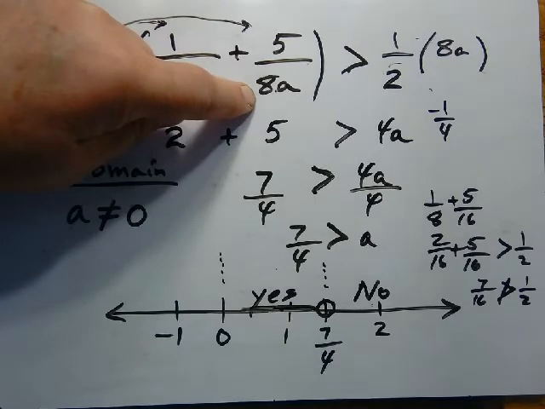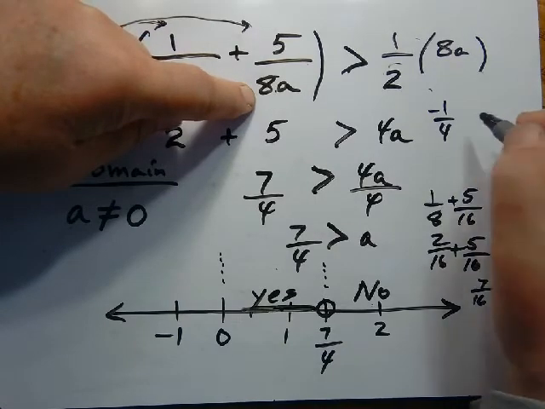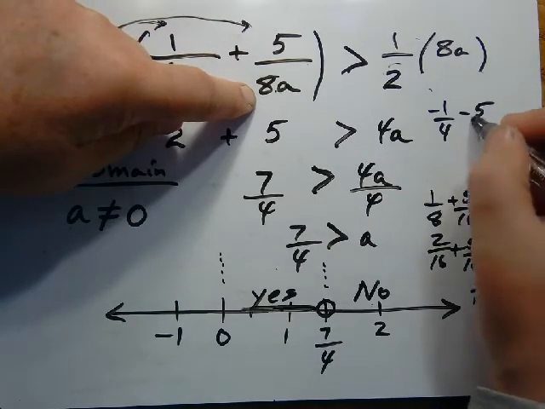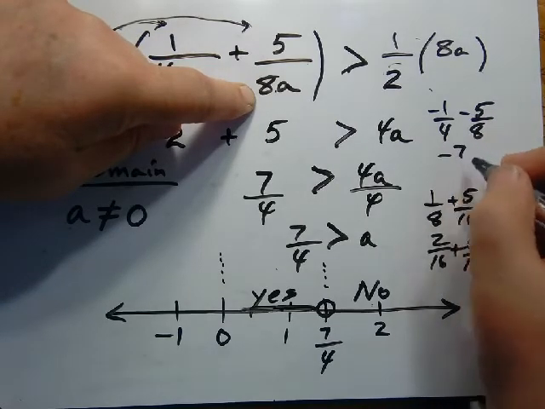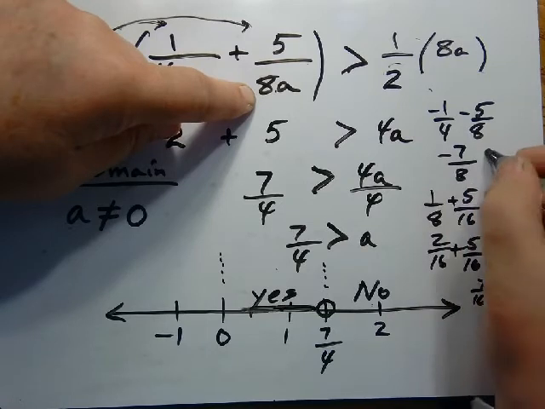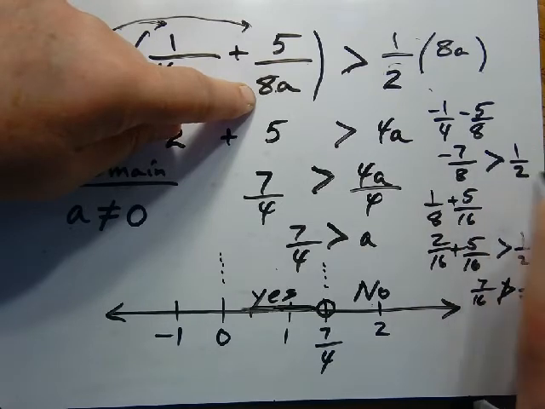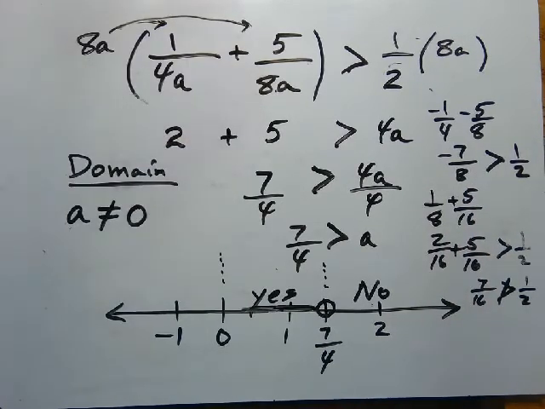Negative 1 times 8 is a negative 8. That's a negative 5/8. Altogether, that's negative 2/8. This is a negative 7/8. Is that greater than a half? Negative 7/8? No, of course not. So this section is no as well.